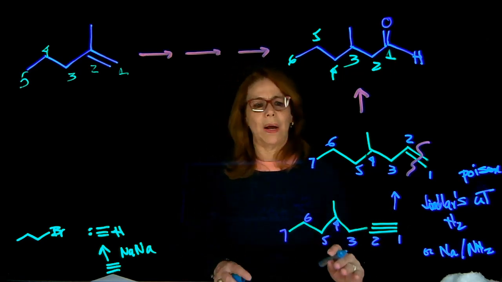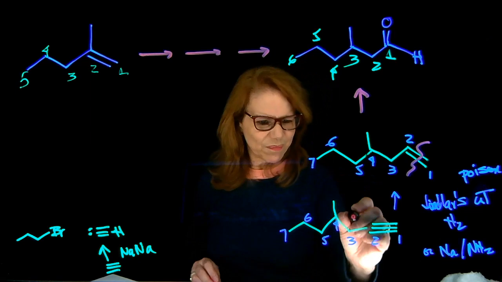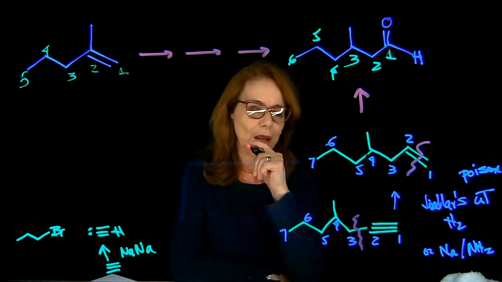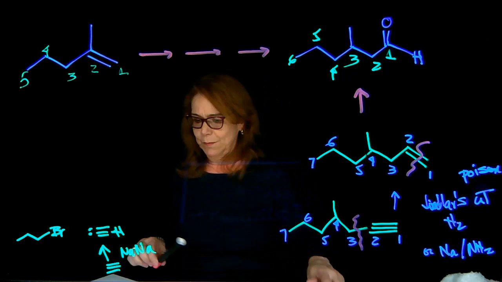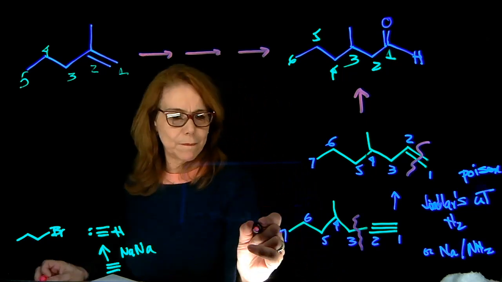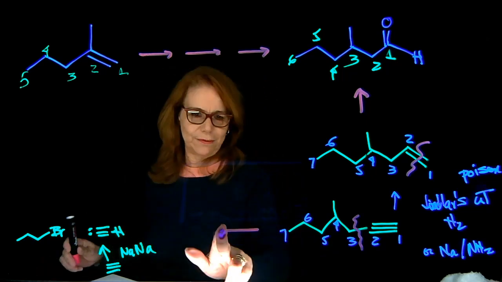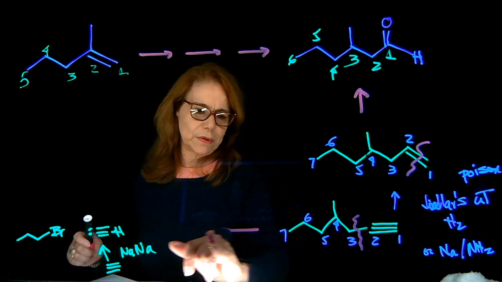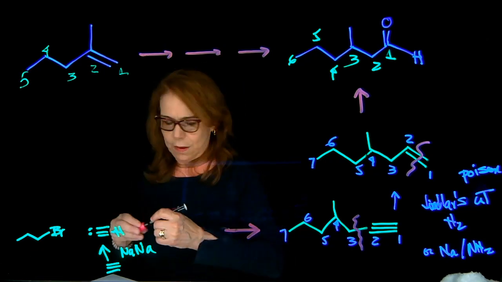Now I have gone backwards, and now I can disconnect here and have that coming from acetylene, thinking backwards. And oh, my arrow should be going here. So thinking backwards, how can I make that from acetylene?